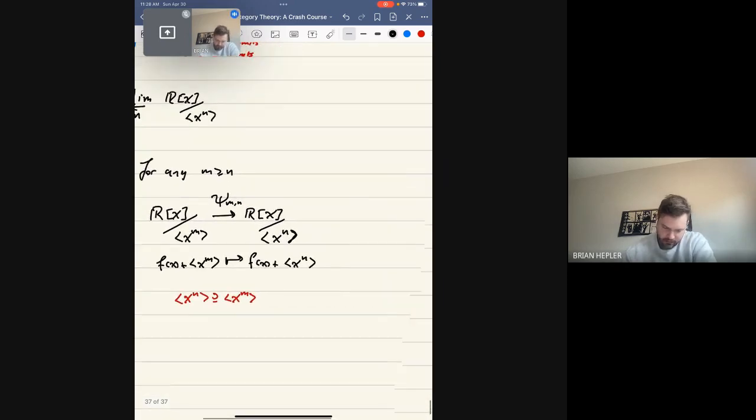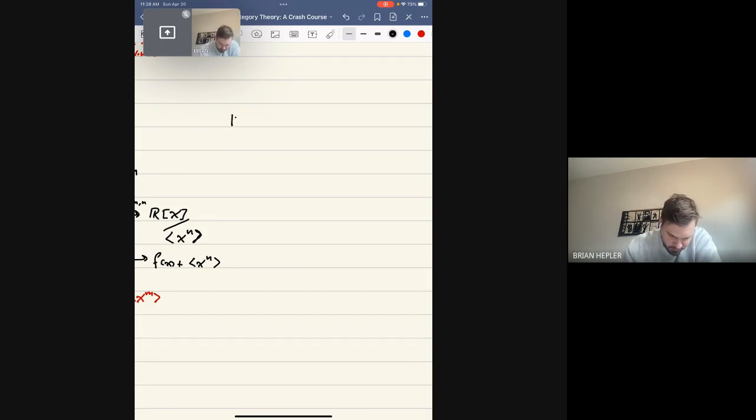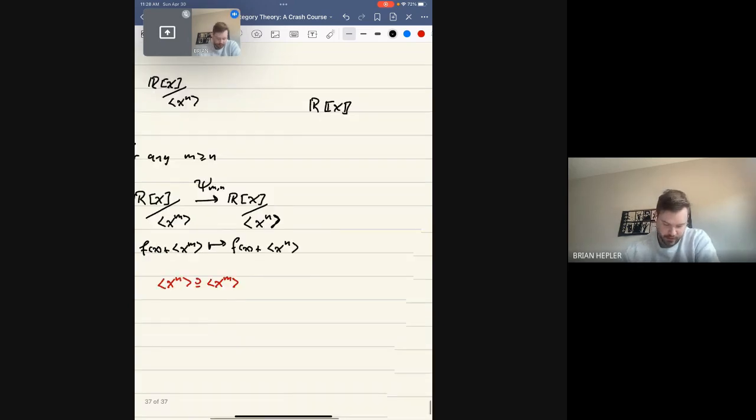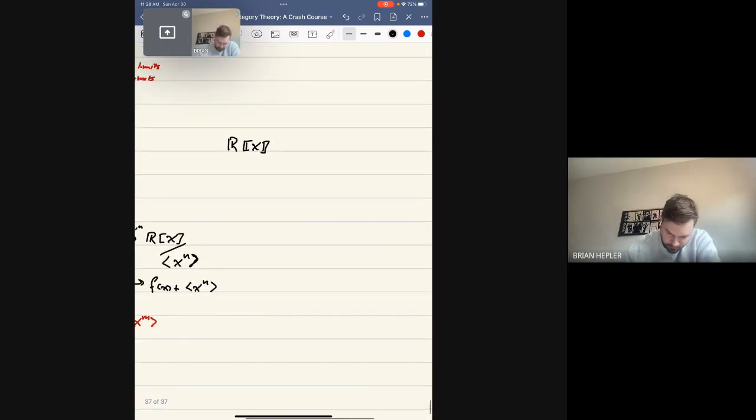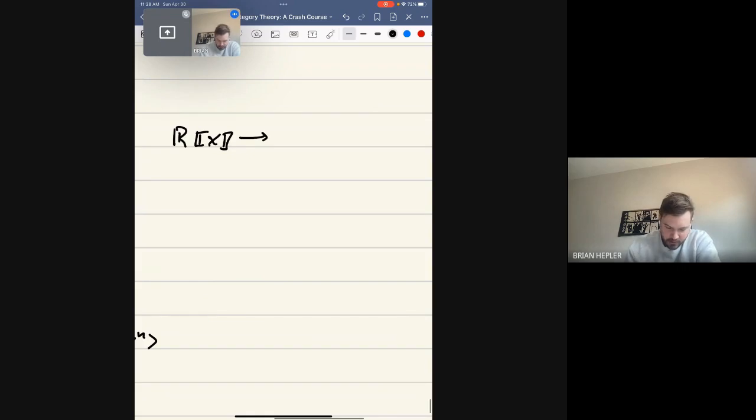Now we claim that our formal power series ring is the universal cone over this family. We know for every n, we have a natural morphism. Call this rho sub n. This is just the quotient.